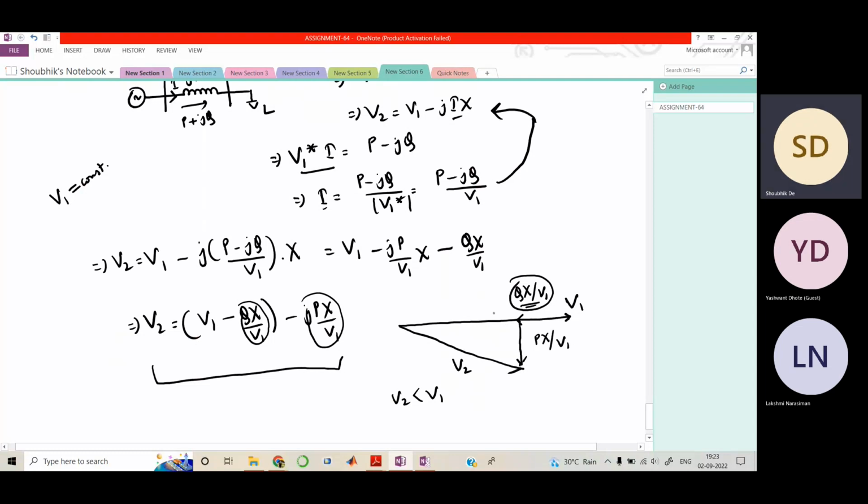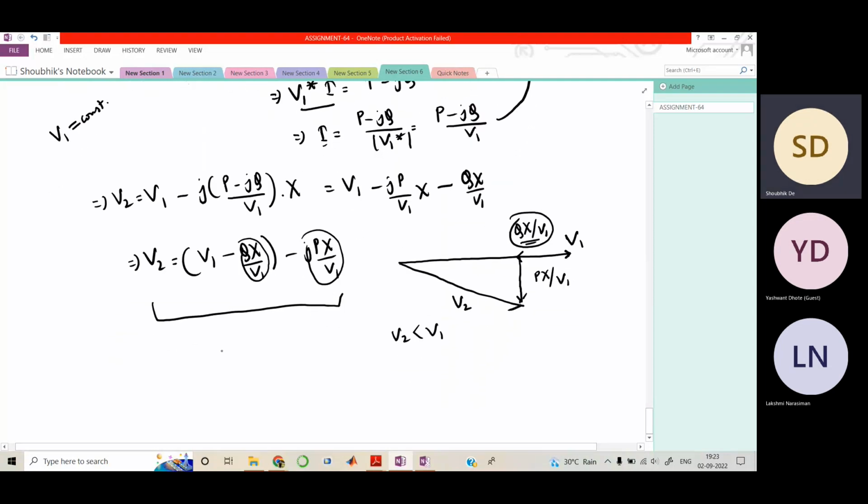Now if I concentrate only on this term, QX by V1, you will see that X and V1 are constant, and the only thing varying is Q. The line reactance is constant, and also the sending end voltage is constant.